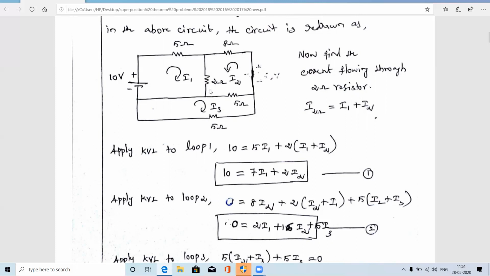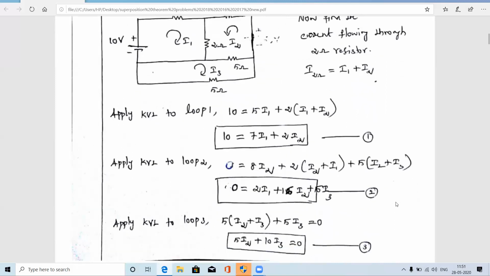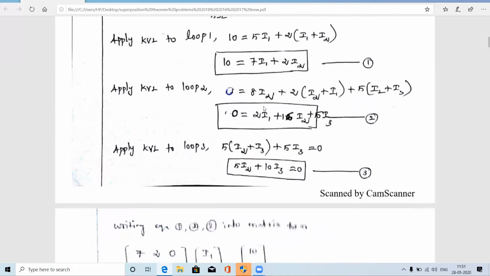Similarly, the current flowing through the 5 ohm resistor is I2 and I3, both flowing in the same direction, so the two currents are added: 5 into (I2 plus I3). Rearranging the terms, we get the equation 0 equals 2 I1 plus 15 I2 plus 5 I3. This is equation number 2.